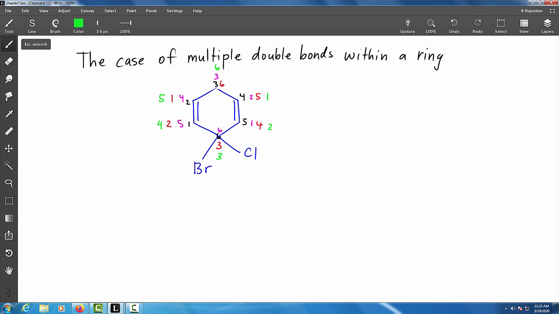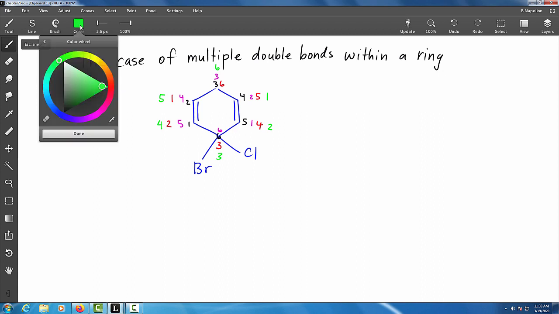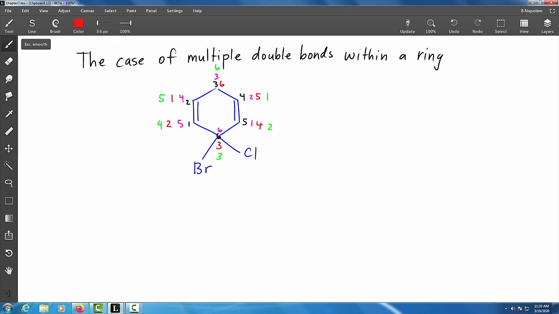Now, I can see that the green and the red gives me the correct numbering, because it puts me at a 1 for the first double bond and a 4 for the second double bond, and it gives me the substituent lowest number of 3 in the middle. If I go the other directions, it puts me at a substituent of 6.